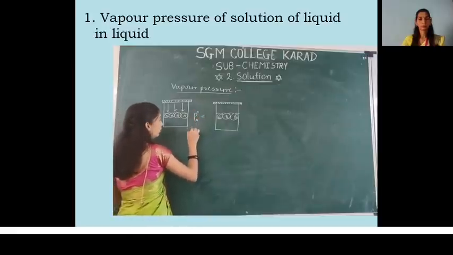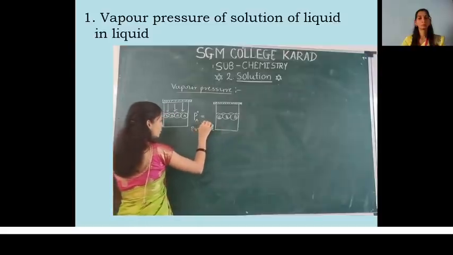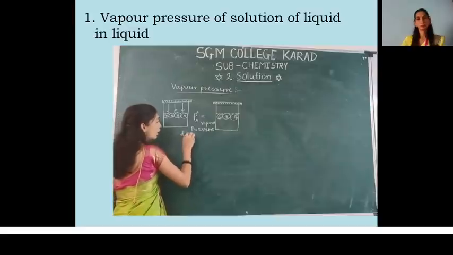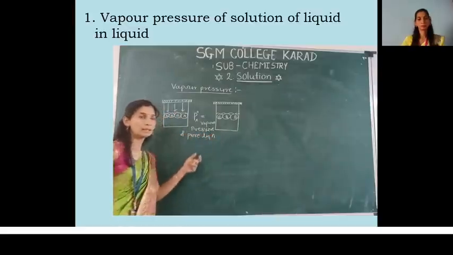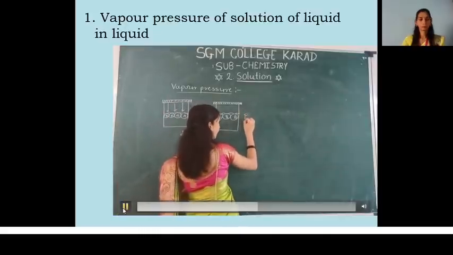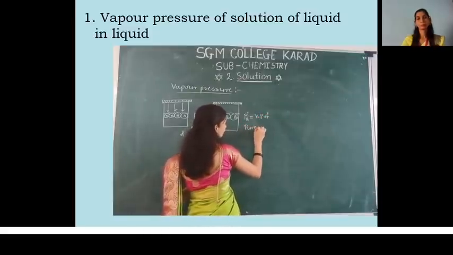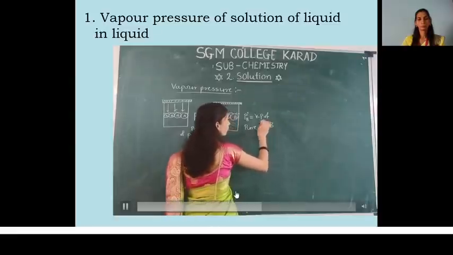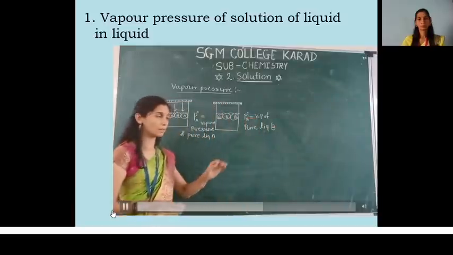It is the pressure किंवा vapor pressure म्हणूया. Vapor pressure of pure liquid A. Similar to that, P not B is the vapor pressure of pure liquid B. B liquid चा vapor pressure आहे. Pure substance आपण घेतलेला आहे.